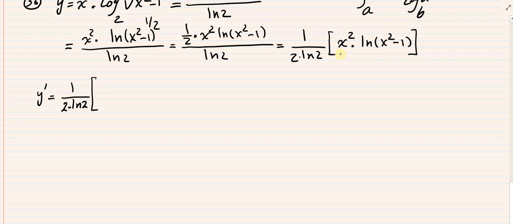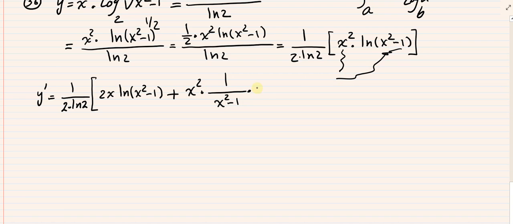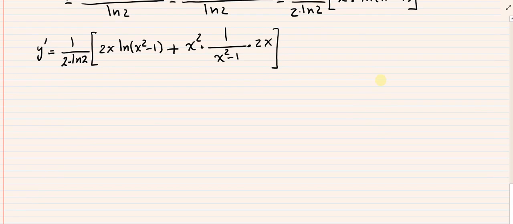So we're going to do the product rule: derivative of first, which is 2x, times second, plus first times derivative of natural log, 1 over x squared minus 1, times the chain rule, the derivative of the inside function, which is going to be 2x. Good. So we have done it that way.